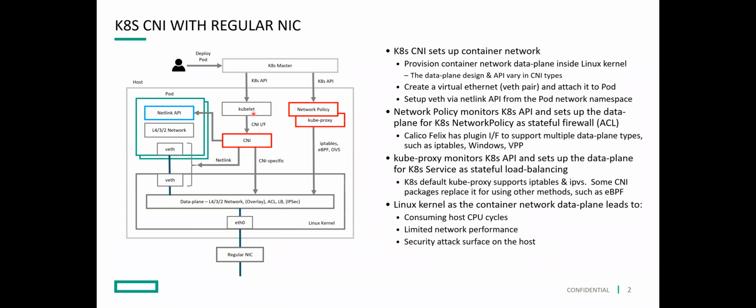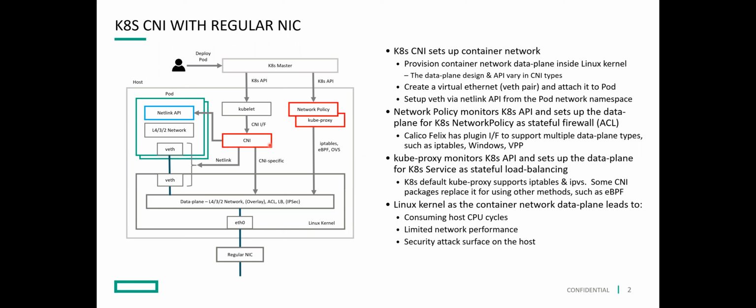And this kubelet calls the CNI plugins through the CNI interface. There are multiple types of CNI with different designs and functionalities. But at a very high level, the CNI basically works just like presented in this picture.